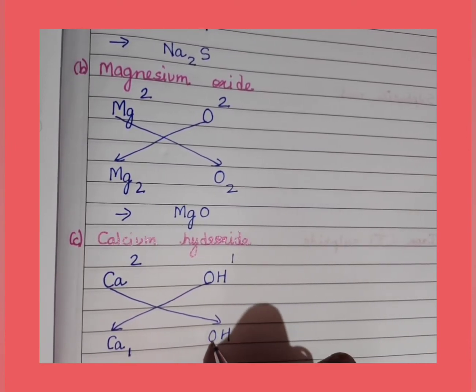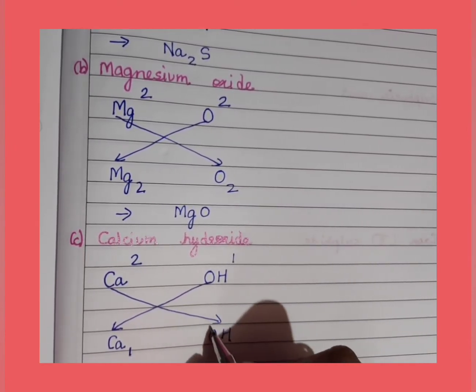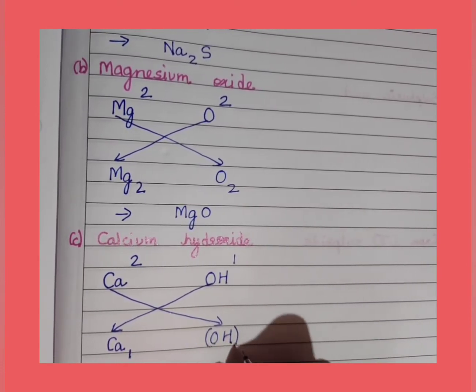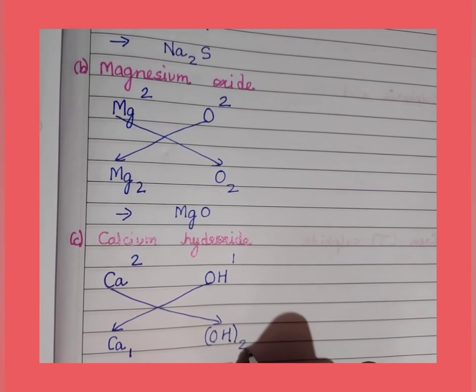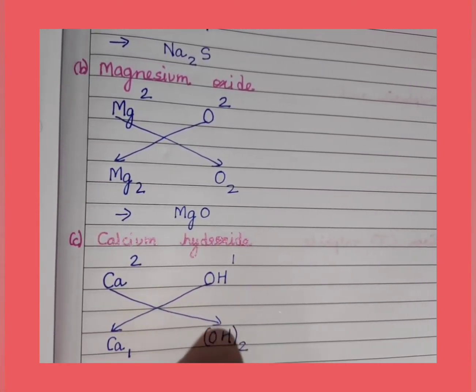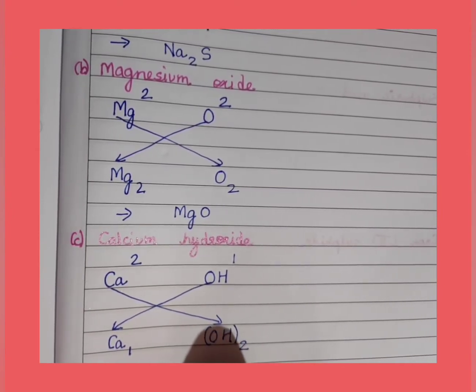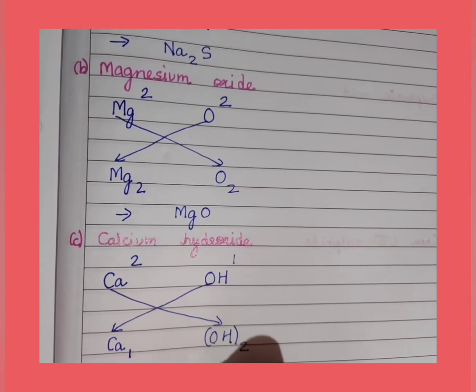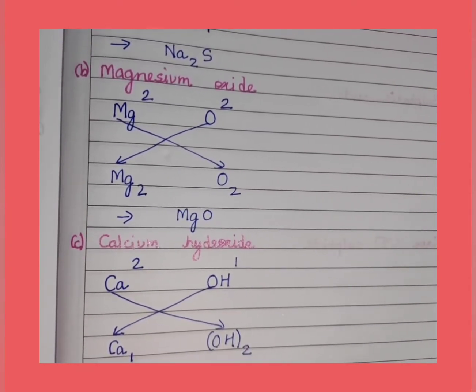But since this is a polyatomic ion, we are going to put OH in bracket and then write the valency. So what is the formula of calcium hydroxide? Ca, we will ignore 1, OH whole 2.